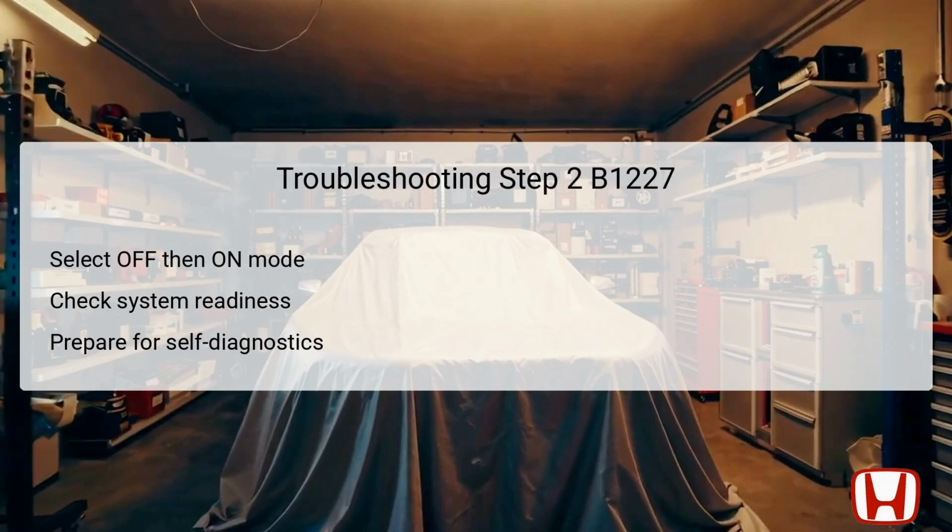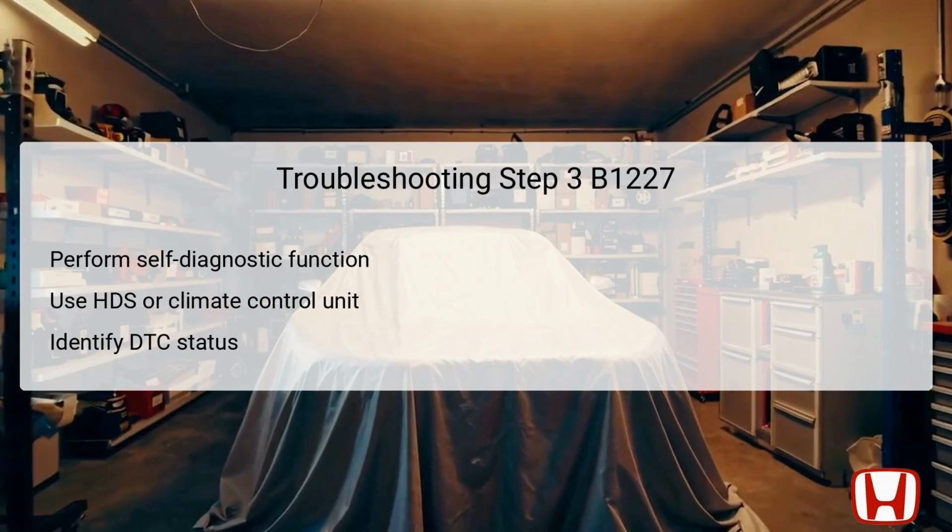This reset also checks the system readiness for the next action, which involves conducting the self-diagnostic function either via the HDS or through the climate control unit. Performing these preliminary checks is vital in promoting accurate troubleshooting and guiding the diagnostic process forward efficiently.